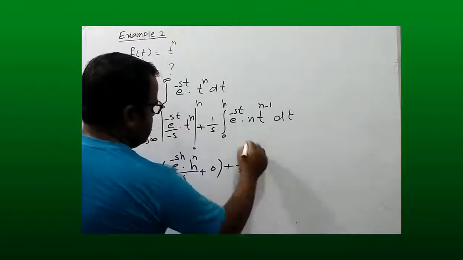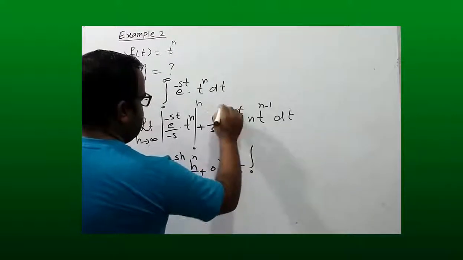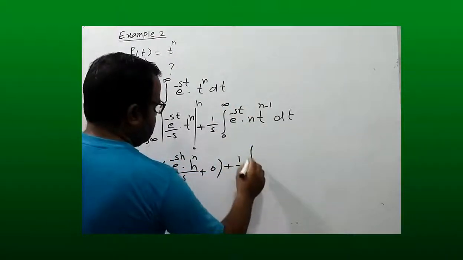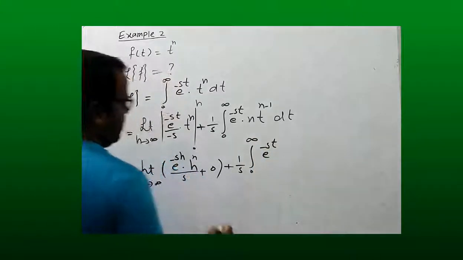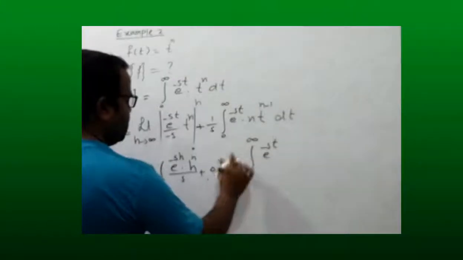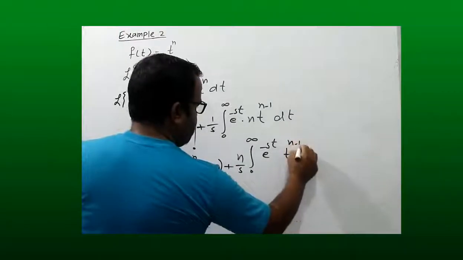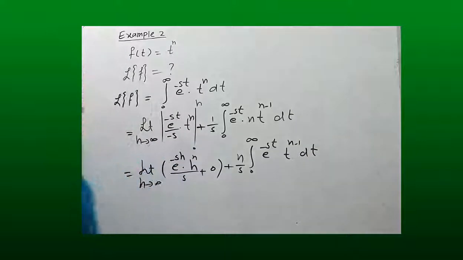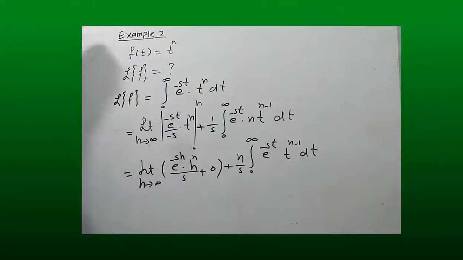and the integral from 0 to infinity of e raised to the minus st, and I am writing n over here, times t raised to the power n minus 1, dt. So when we put h over here, of course we get infinity.